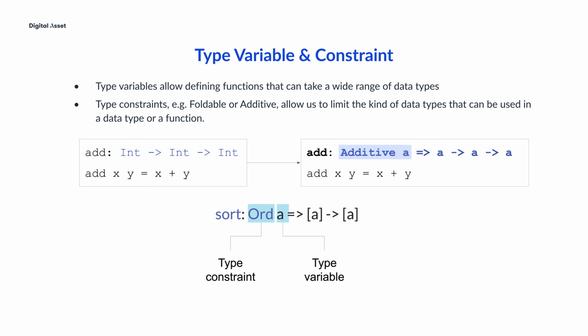Without the Additive type constraint, it's hard to know what type this a can be or should be. As a result, the signature a maps to a for the add function ends up with only two implementations, returning the first argument or the second. However, by adding the Additive type constraint, you can define numerous additional function implementations.